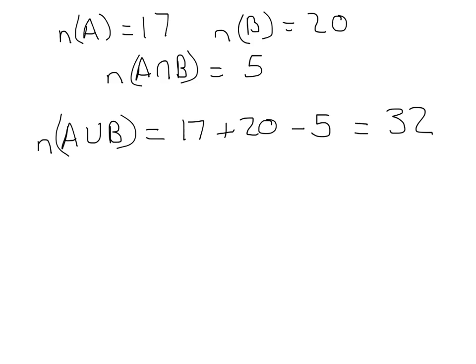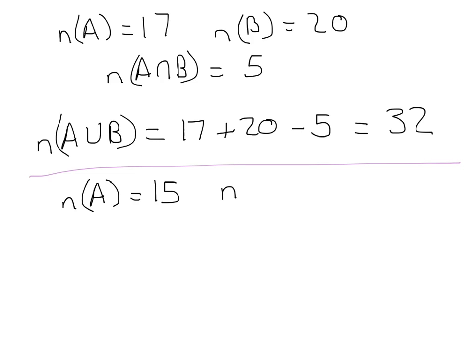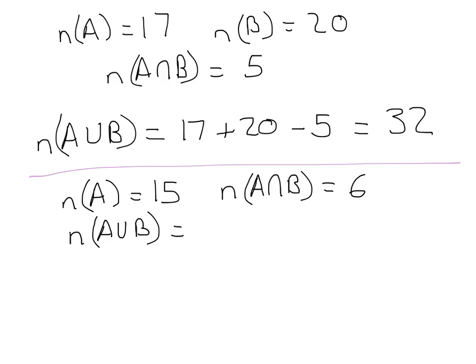All right. So I want you to try another example. Assume we have some other A where the cardinality is 15, and we have a B such that the intersection is 6, and the union of A and B, the cardinality, so the union of A and B has 38 elements.